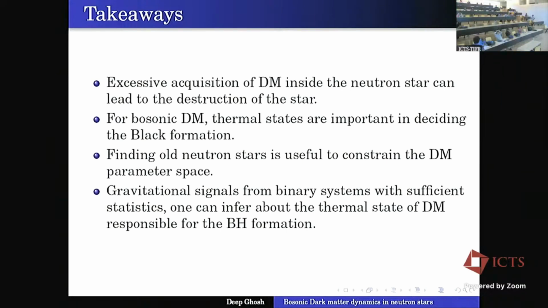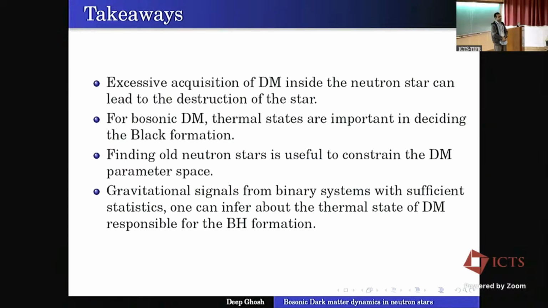I have a question related to old neutron stars. Because of this capture, there is a heating that can happen, and for the older star there is a cooling mechanism as it evolves. So there must be some bounds from the old neutron stars that we have observed. You are saying heating due to dark matter? Yes. Here I have put the annihilation cross section to be 0.